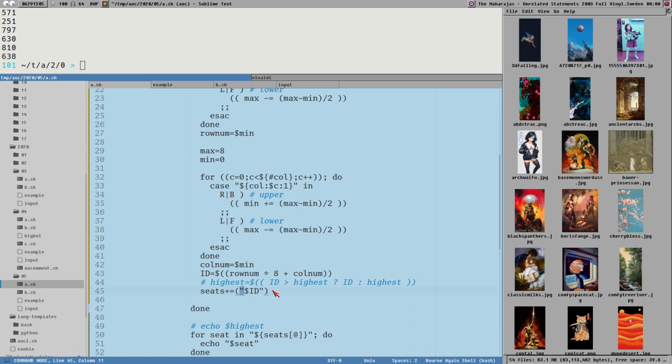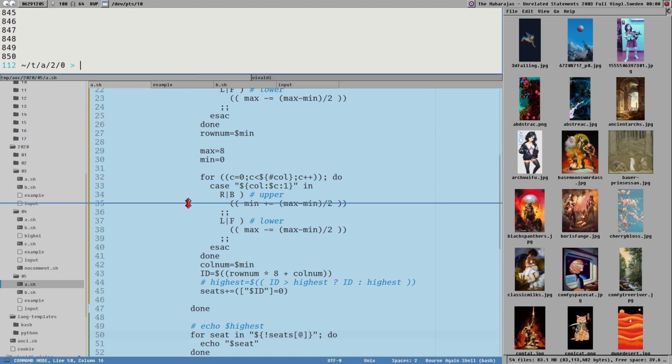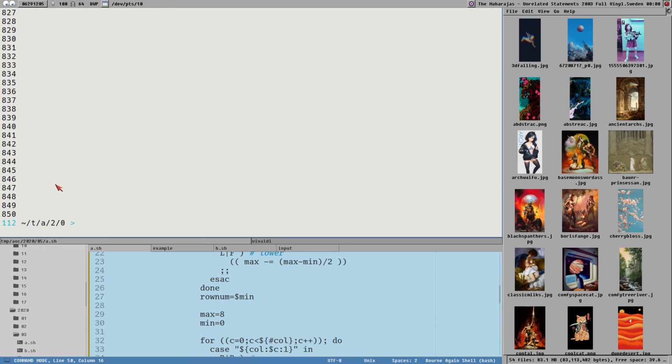That's right. This is equal to 0. There. Okay. And then there is a gap in this list. If that's the whole thing here, that's weird.